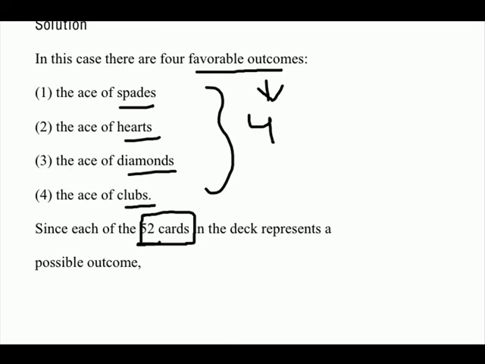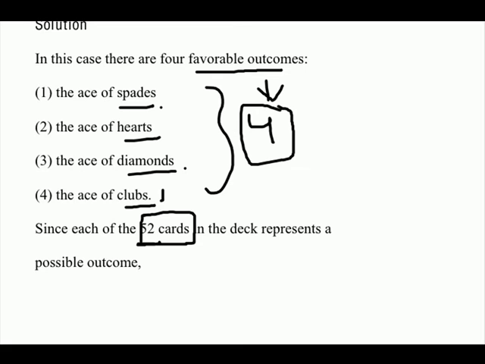And the favorable outcomes is an ace, and there are 4 aces: the ace of spade, heart, diamond and club, and hence there are 4 favorable outcomes that you are looking for.